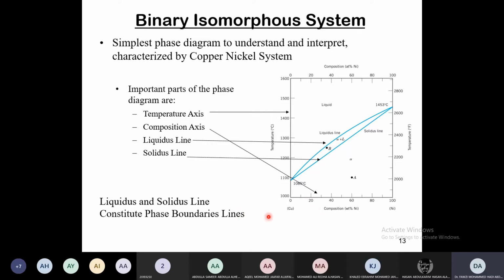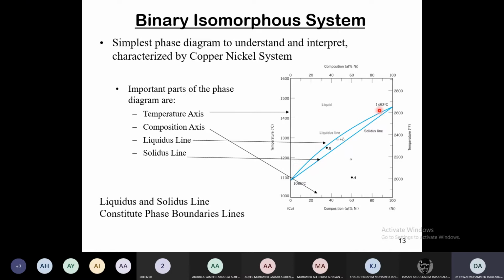All right. Next, let us look at the lines there, which we normally call the solubility lines. That line, as you could see in the phase diagram here, above that line, everything is actually a liquid. And that's why this line, basically, we refer to it as the liquidus line.